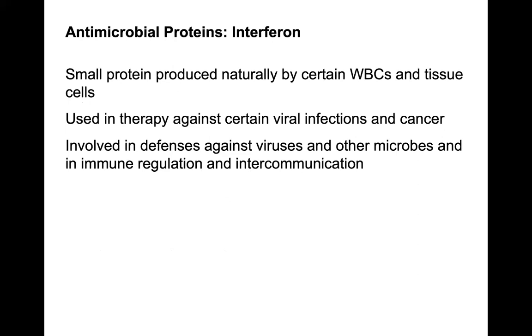Now antimicrobial proteins or antimicrobial substances. These are proteins produced by your cells that have antimicrobial natures. One class is interferon. This is a small protein produced naturally by certain white blood cells and tissue cells. It's used in therapy against certain viral infections and cancer, and it's involved in the defenses against viruses and other microbes and immune regulation and intercommunication.